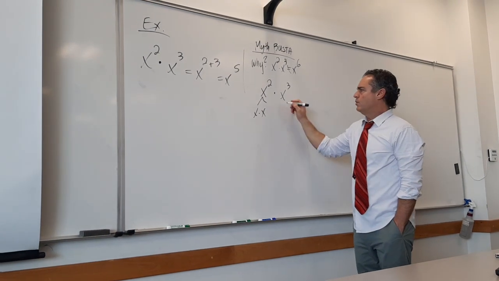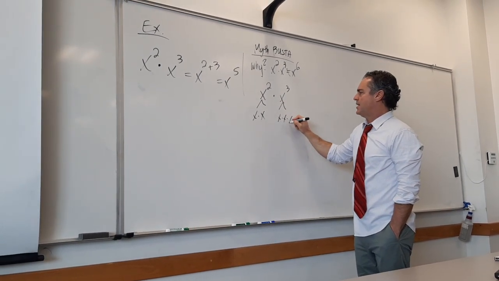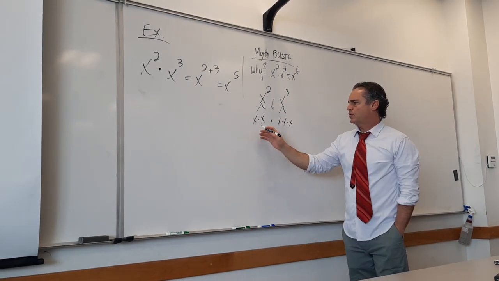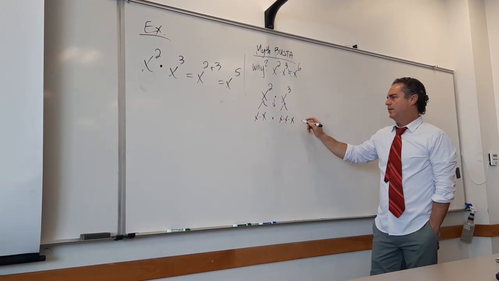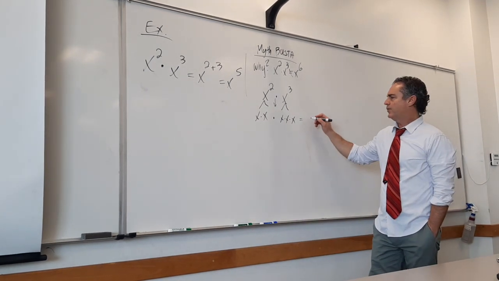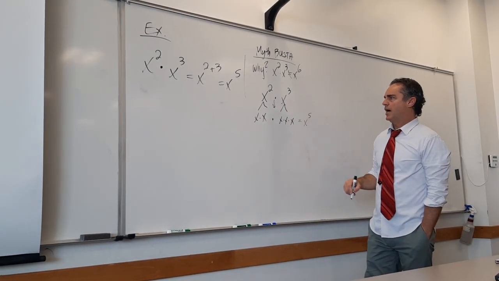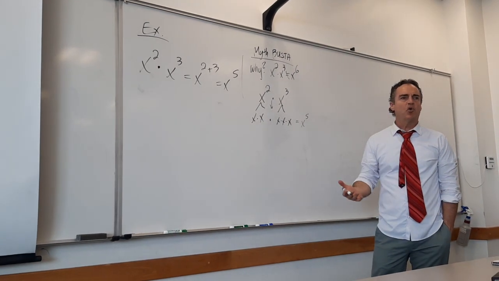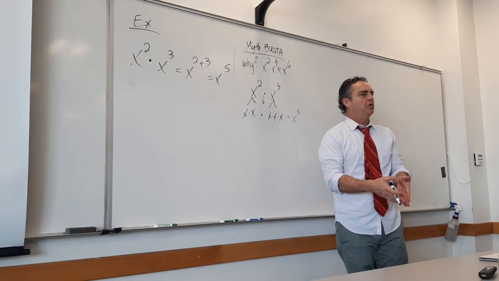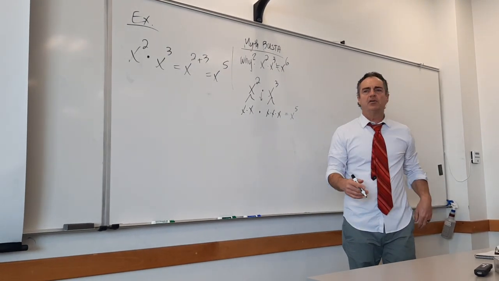Yeah. Do you agree with me that x to the third is x times x times x? Yes. And we are multiplying those. And so I have a question for you. Okay? What does that equal? X to the 5th. Very good. Does not equal x to the 6th. So we see the shortcut, right? If we expand it all out, it proves that what we're doing is true. So pay attention to this.